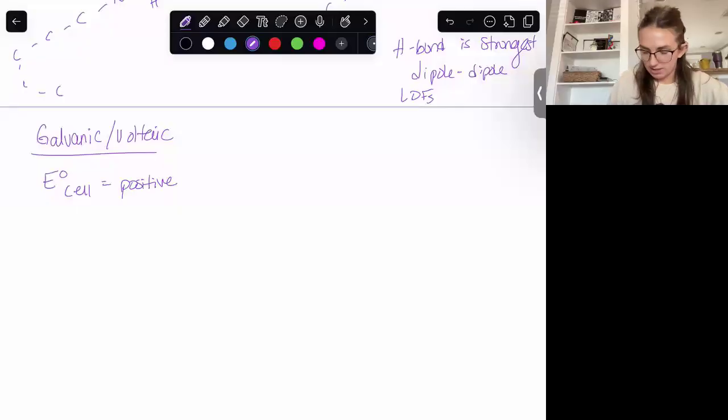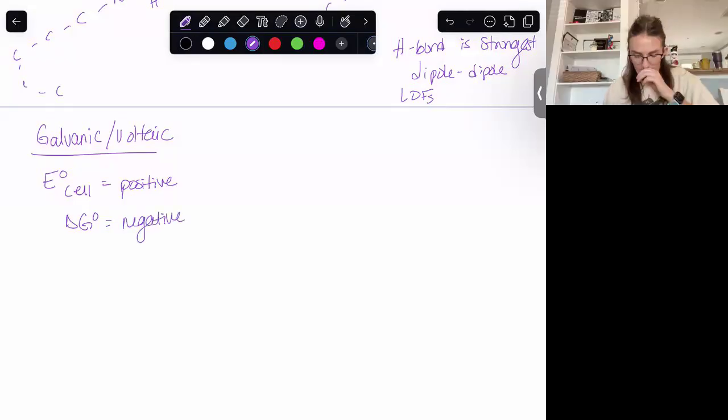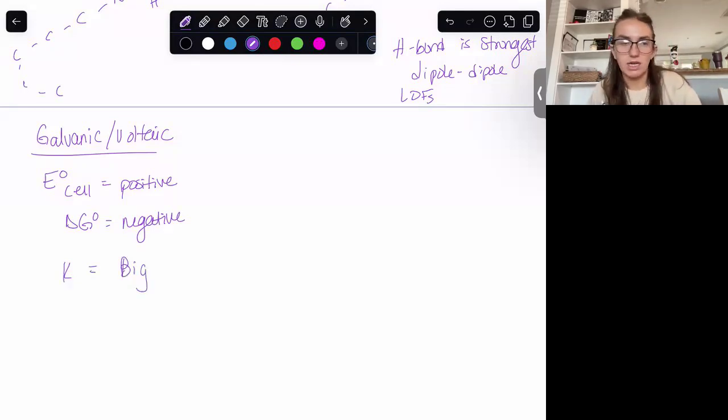And if E cell is positive, what does that make delta G? Negative. Yep. And so what does that mean for K? Is that going to be big or small? Good. K will be big. So that's something to remember about galvanic or voltaic cells.